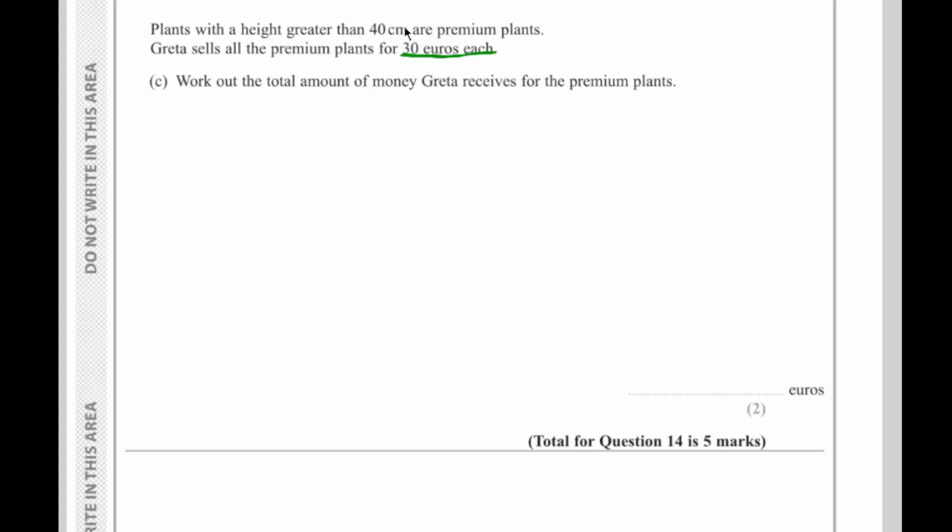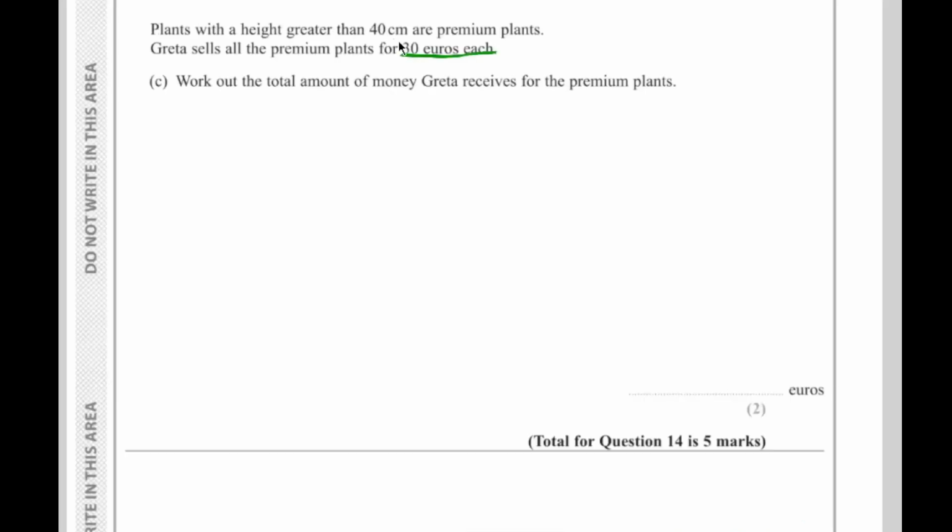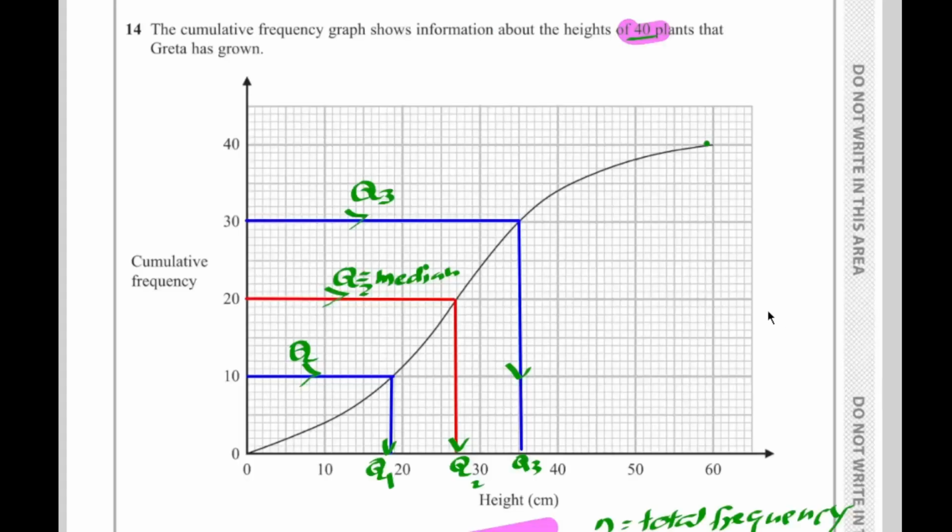Then you need to figure out how many premium plants there are. So you have to go back to the graph and find the plants with height greater than 40 centimeters. Let's figure out how many plants are greater than 40 centimeters.